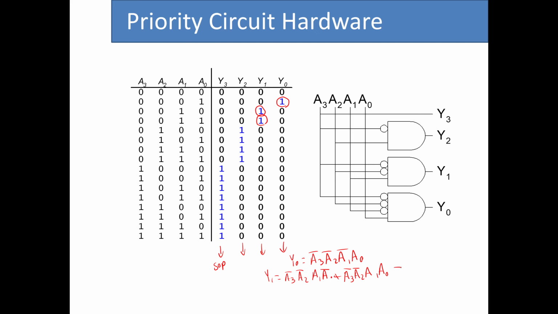And you can clearly see that these 3 terms are common between the two. So we can have A3 bar, A2 bar, A1 multiplied by A0 bar plus A0. And from the theorems we know that this is equal to 1. Any variable ORed with its complement always results in a value of 1.